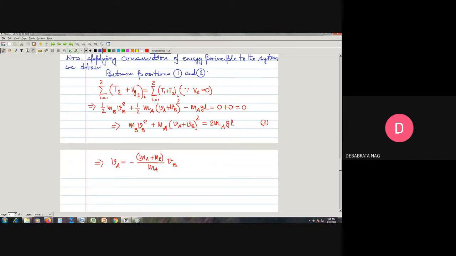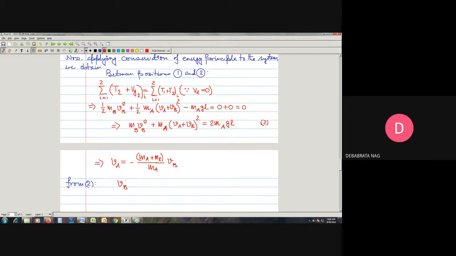So once I see this equation, we can come back to our equation 2 and manage it this way, because we need to replace this v_A term from here. We can put this v_A term into this equation and write. From equation 2 we can therefore say it will be m_B v_B squared.